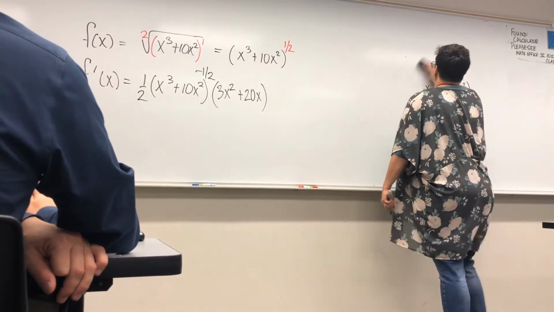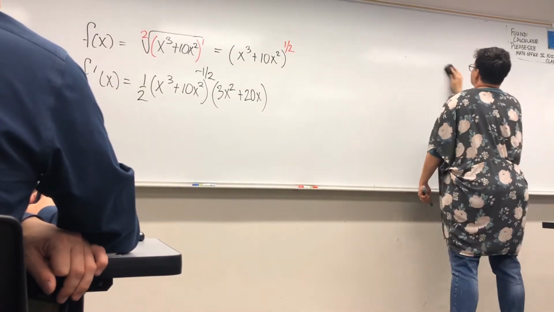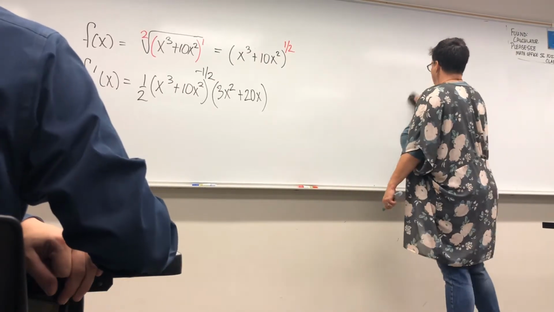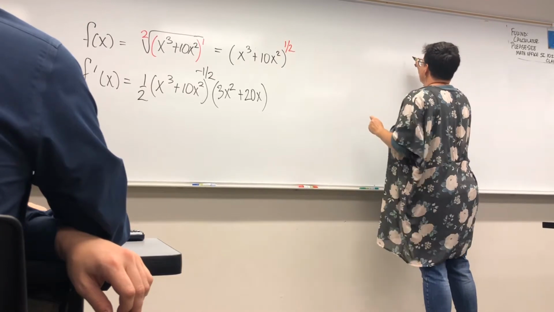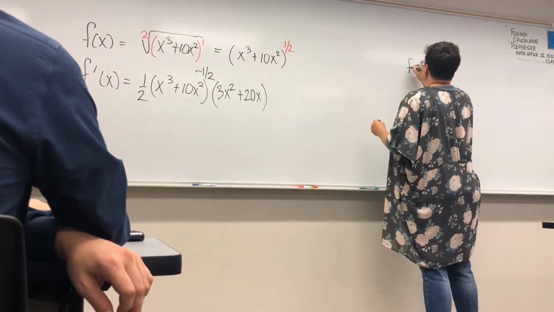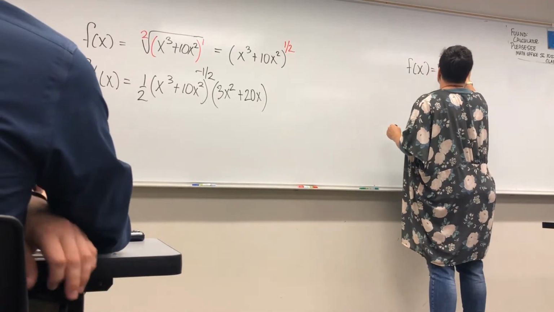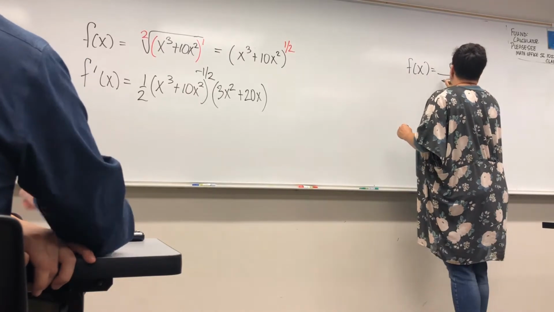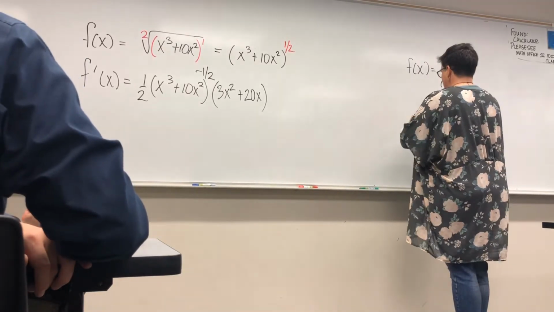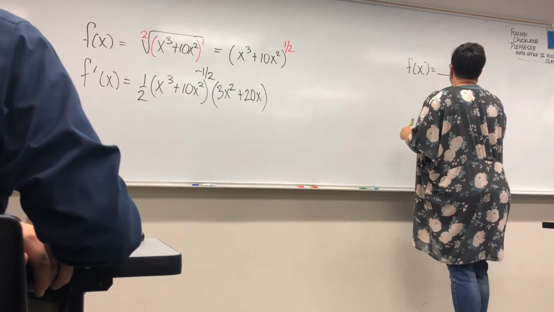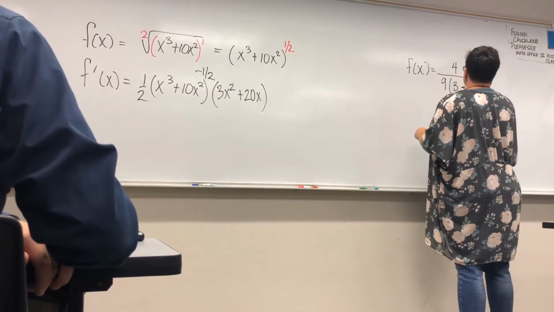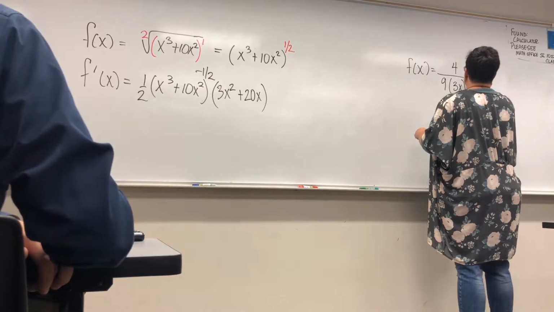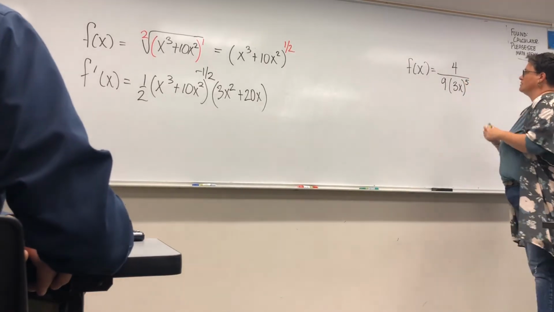Somebody asked me when we were first getting started about something that looks like this. f of x equals 4 over 9 times 3x to the 5th.